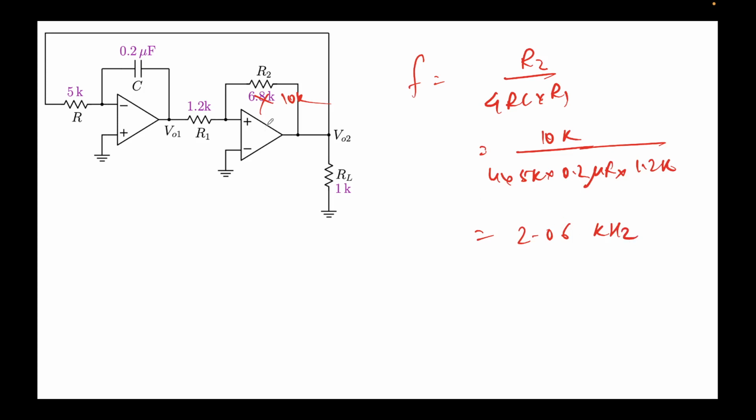Again, this makes sense. How does this make sense? Since you are increasing R2, remember the VTH or VTL, their magnitude was VSAT R1 over R2. So now, since you are increasing the value of R2, you're shrinking the range in which VO1 can swing.